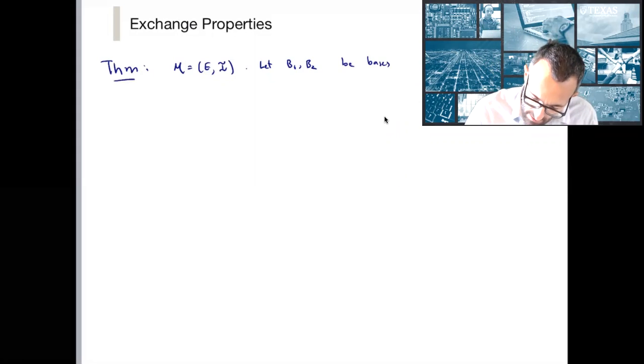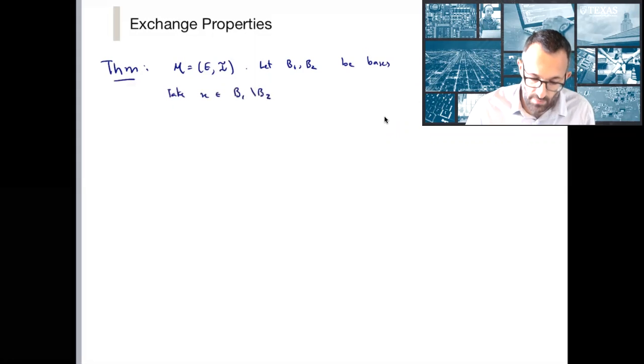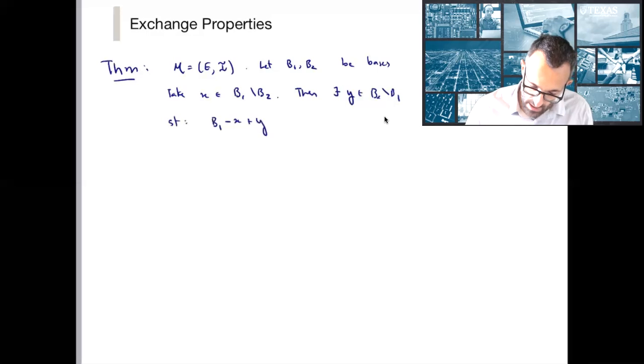So let's take some element x that is in B1 but not in B2. The theorem says that there exists a y that is in B2 not in B1 such that B1 minus x plus y and B2 minus y plus x are both bases.